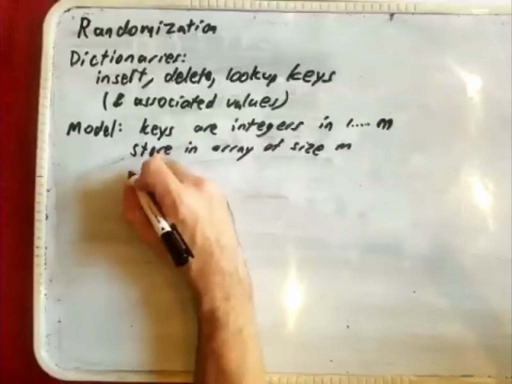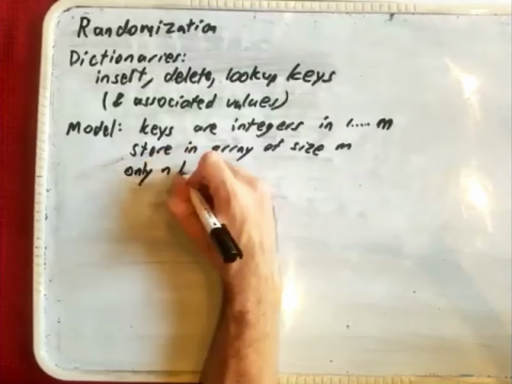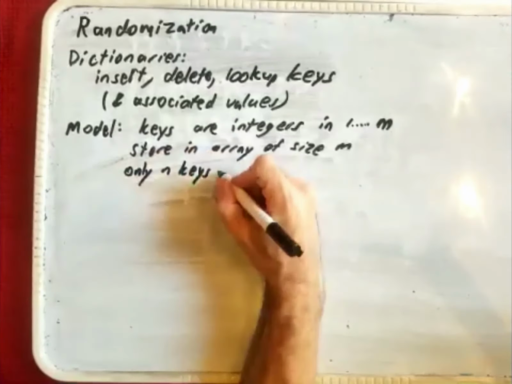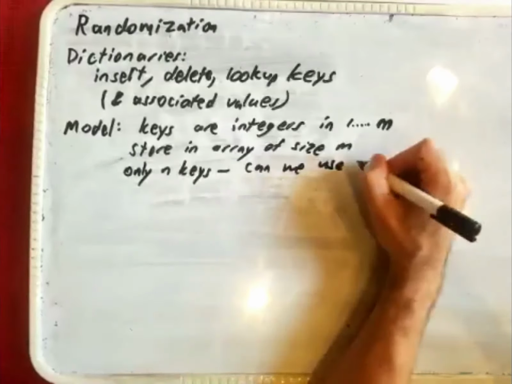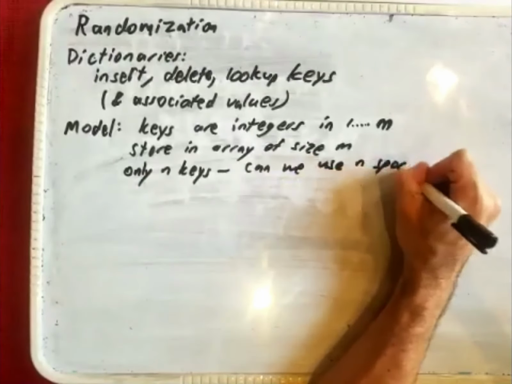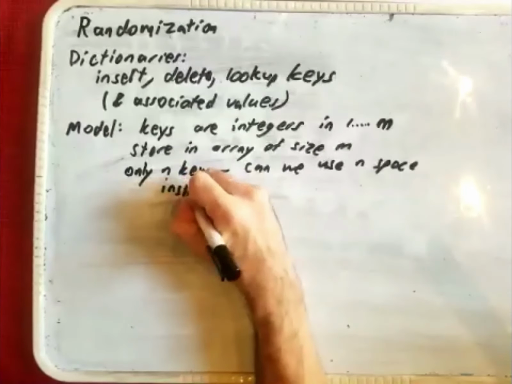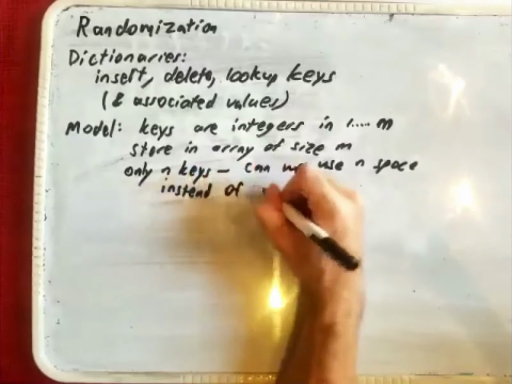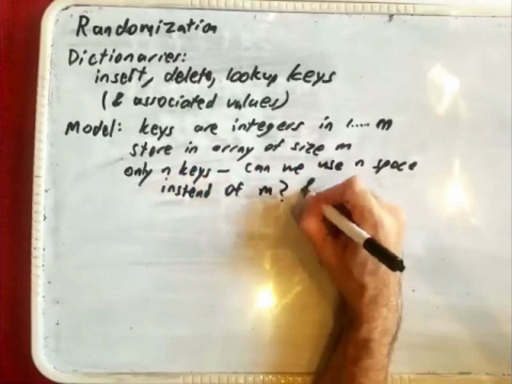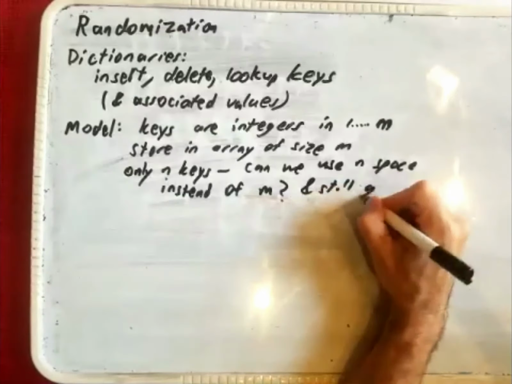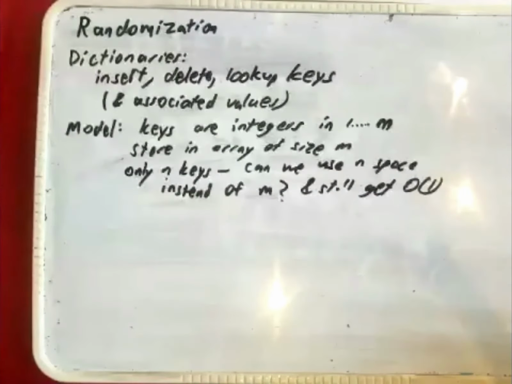But now suppose that we know that we're only going to store n keys. Can we somehow use just n space instead of m, and still get order 1 lookup times and insert and delete?